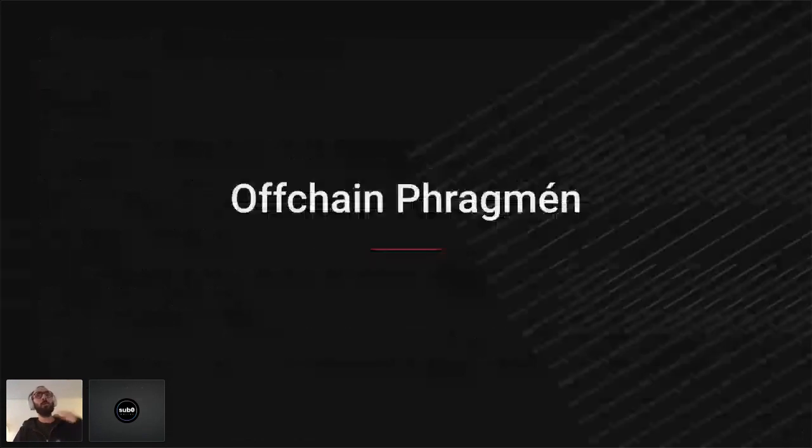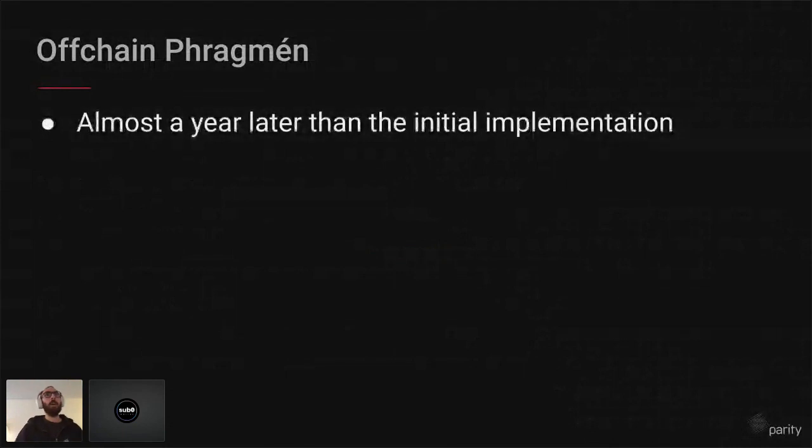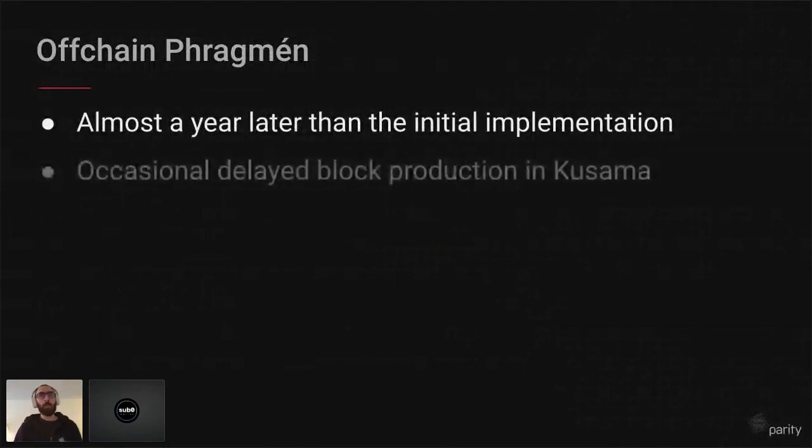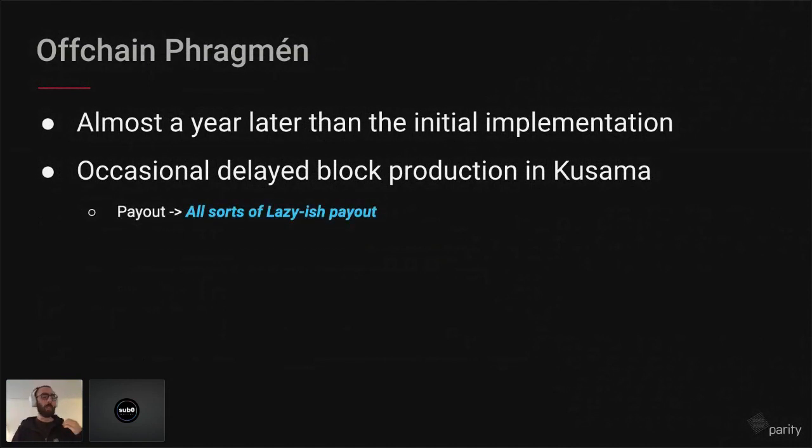So, moving along, now off-chain Phragmen. How did it all start? About a year after the initial implementation in Kusama, we started noticing some blocks taking a lot of time at the end of sessions, and most notably at the end of eras. Two suspects were immediately introduced: payouts, which we now handle with a different sort of mechanism, happening lazily and evolving over time, and Phragmen.